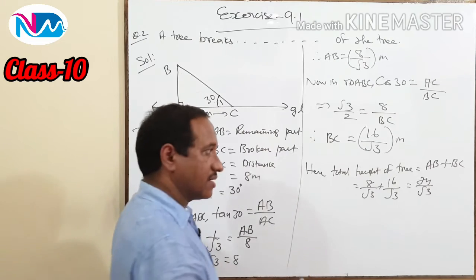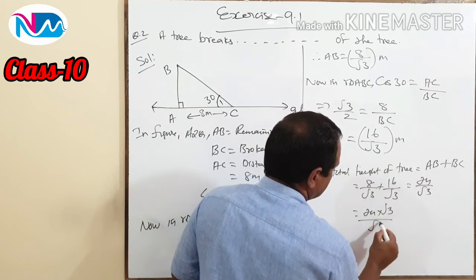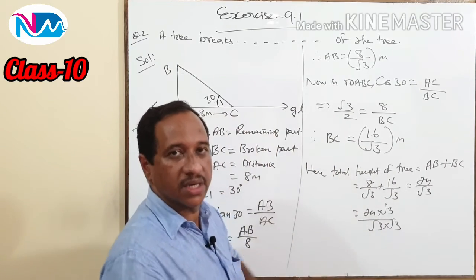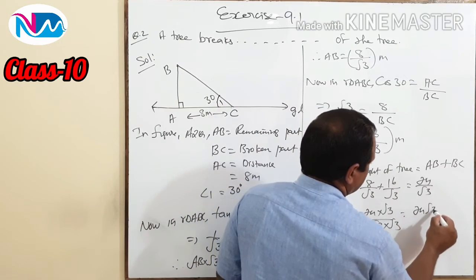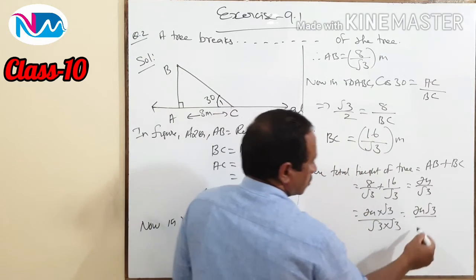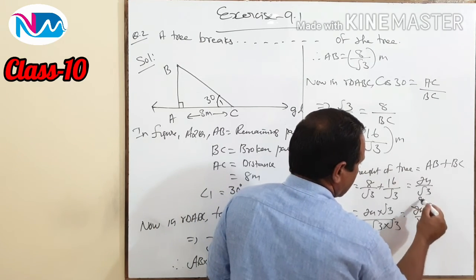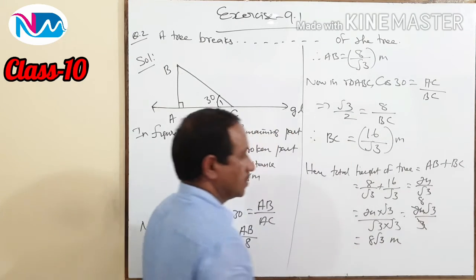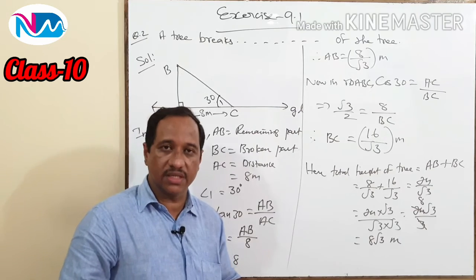Denominator is irrational, that's equal to 24 into root 3 by root 3 into root 3. Multiplying numerator and denominator by root 3, we get 24 root 3 by root 3 into root 3, 3 and 24 will be cancelled, that is equal to 8 root 3 meter. So the total height of the tree is 8 root 3 meter.